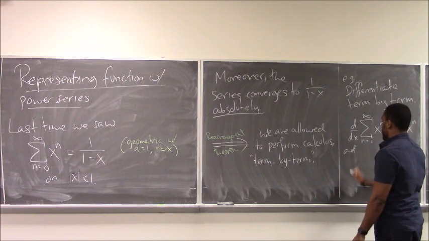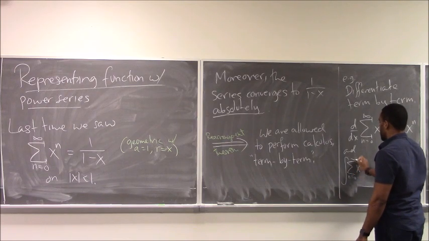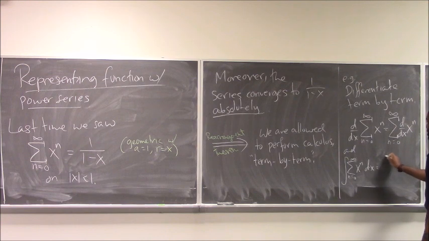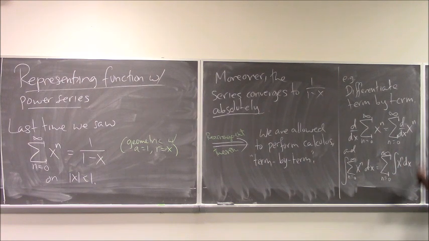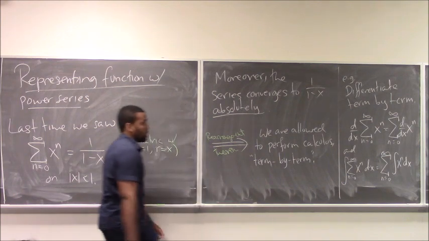And I could do something like integrate this series with respect to x. And what is that going to be? Well, I can think of it as the sum of the integral of each term. This is called term-by-term differentiation. This is called term-by-term integration. And these are all possible because of the absolute convergence of the series.